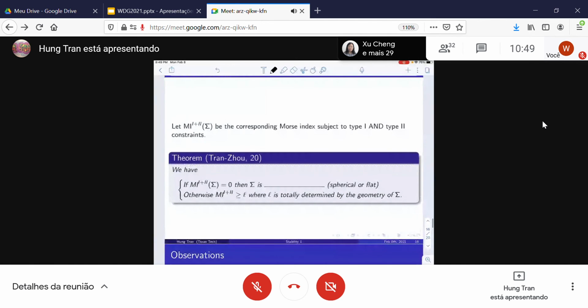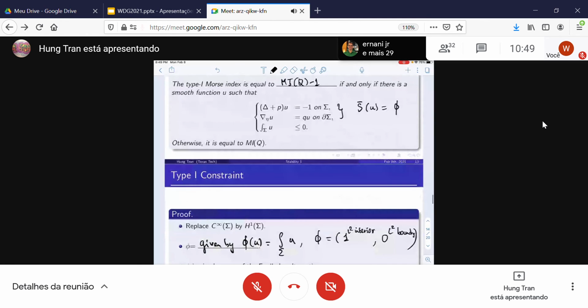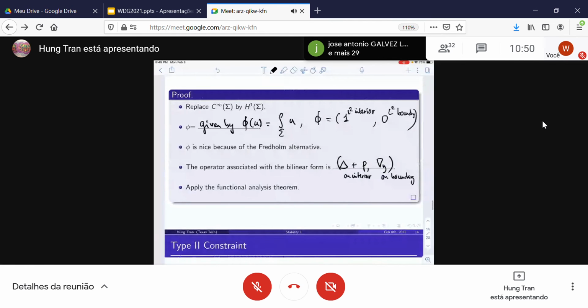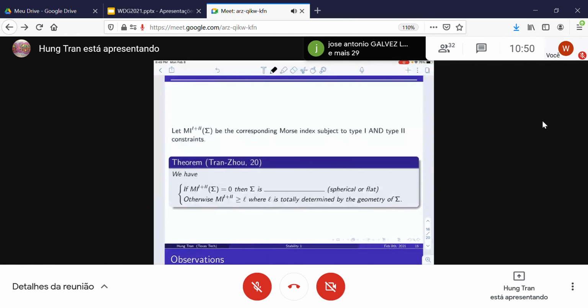The first two theorems basically just reduce the index problem to some PDE problems. Now for the index estimate, we use that PDE information to obtain more information about the index. So we obtain a theorem which characterizes the case when the index equals 0; in that case the surface here is totally umbilical.